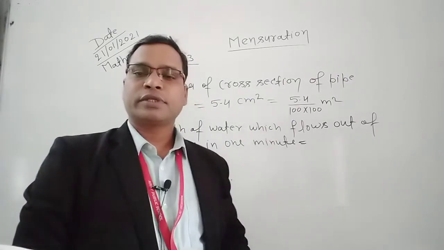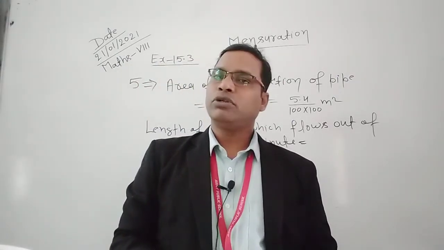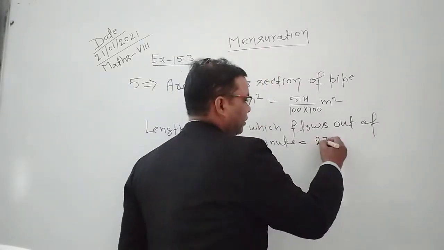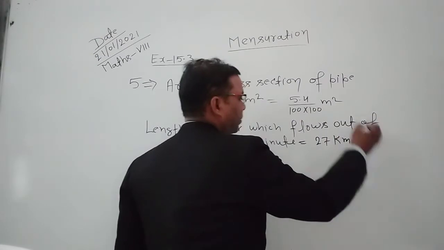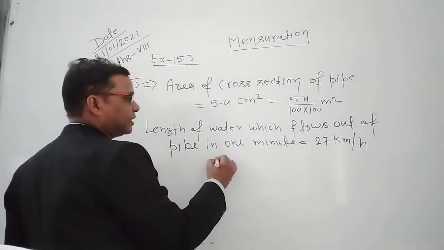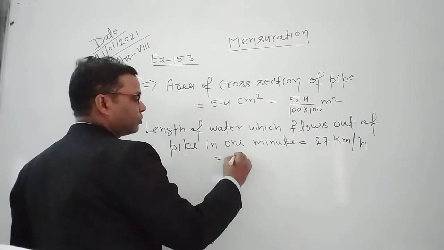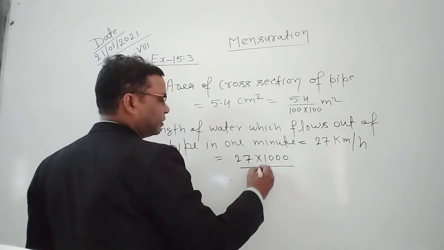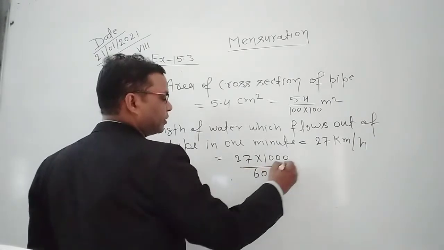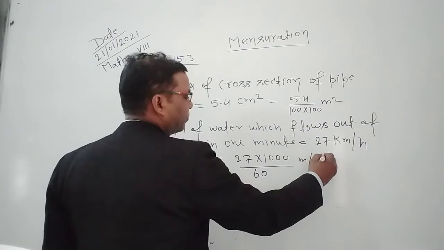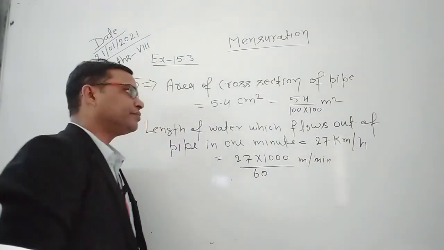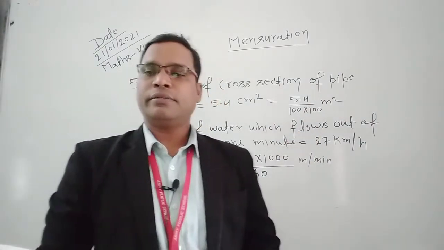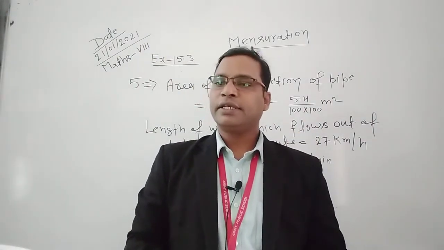This is given, 27 kilometer per hour. Or you can write it as 27 into 1000 divided by 60 meter per minute, because this is in meters and we need to find it per minute. This is clear now.